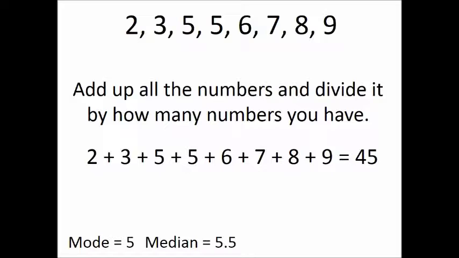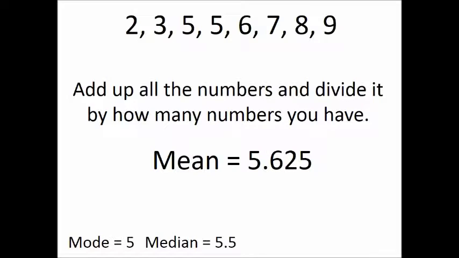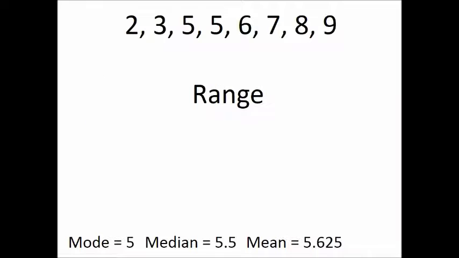So 45 is us adding all the numbers up, and then there's 8 numbers that we use, so we divide it by 8. So 45 divided by 8 is 5.625. On the homework I only go 2 decimal places. You don't really need to go past 2. If you want to go 3, that's fine. So the mean is 5.625.